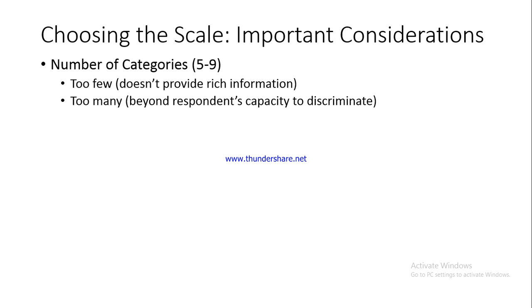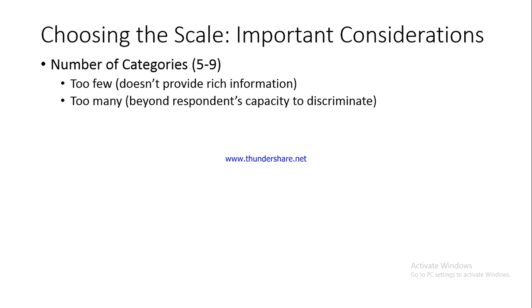He would not be able to understand the difference between 2 different response categories which are located close by, and it is going to be difficult for him to respond to the question posed. And that is why we generally do not go for response categories numbering more than 9, and generally we also do not go for response categories numbering less than 3, because then you would not get rich information.